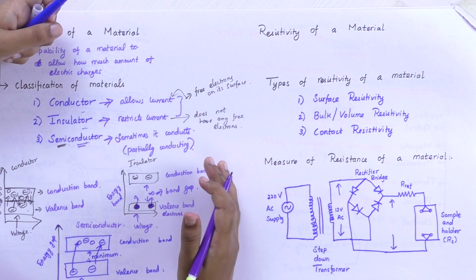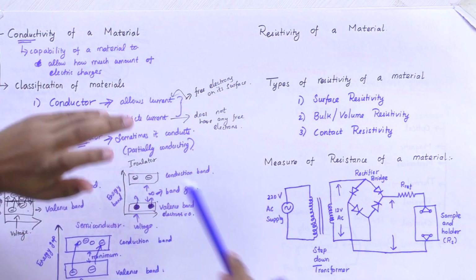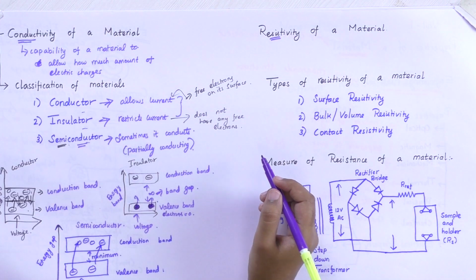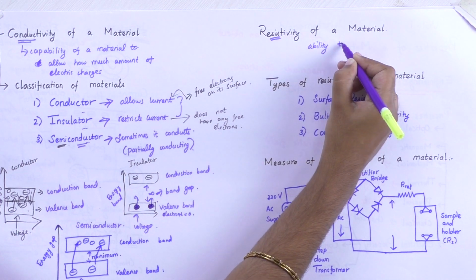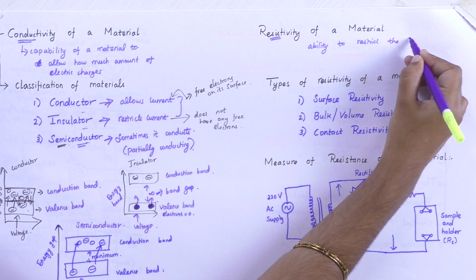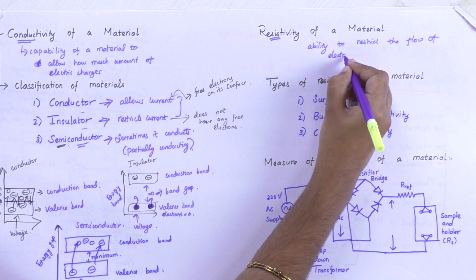These are the differences between the conductor, insulator and semiconductor. Now, the next property is the resistivity of a material. Resistivity is the ability of the material to restrict the flow of electric charge in it.